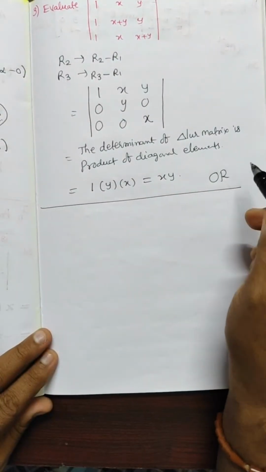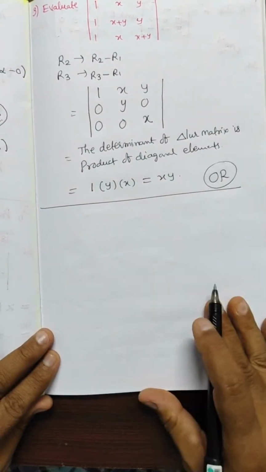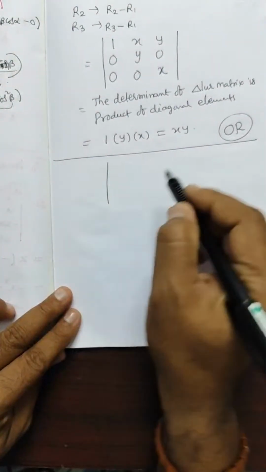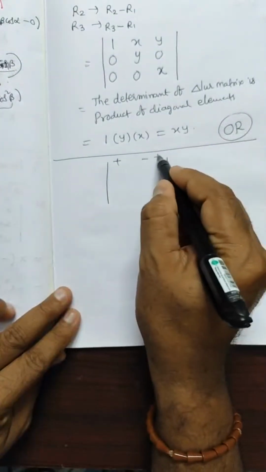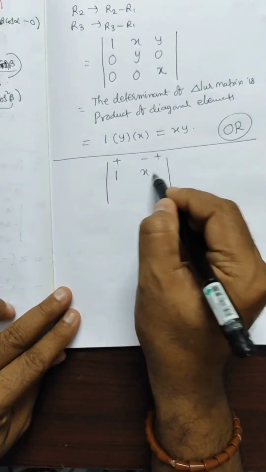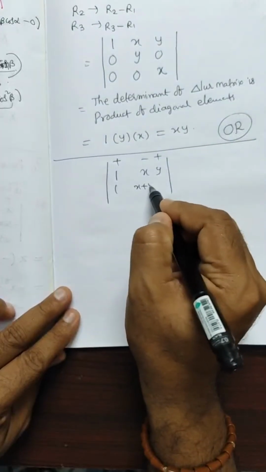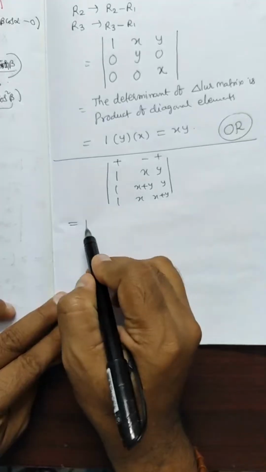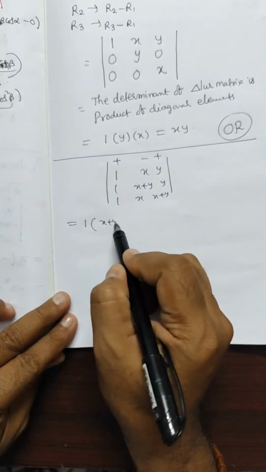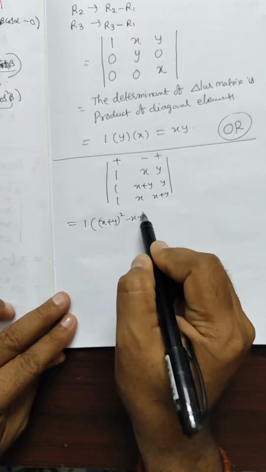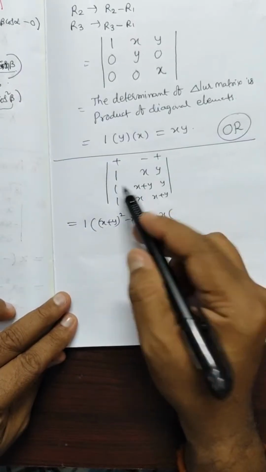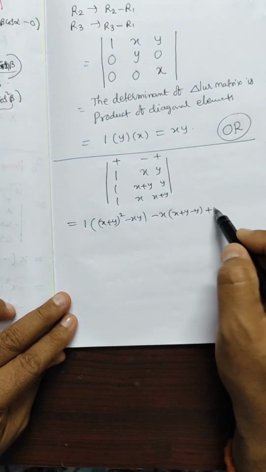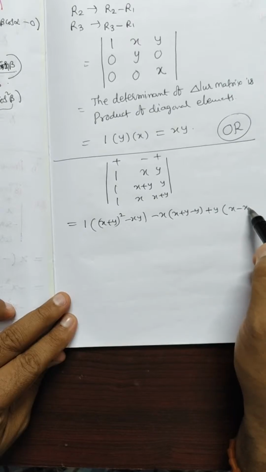If you do not know about this method, as usual we will go with normal expanding. Plus minus plus. 1 x y, 1 x x plus y, 1 x x plus y. So which is equal to 1 into (x plus y) whole square minus xy, minus x into (x plus y minus y), plus y into (x minus y).